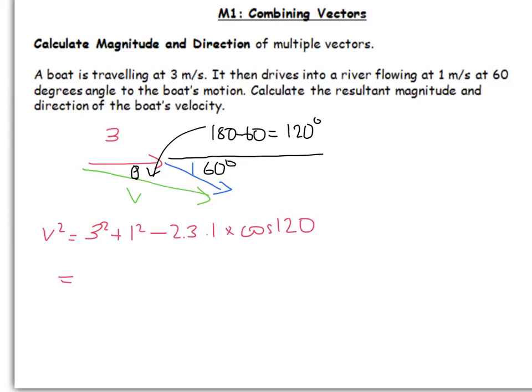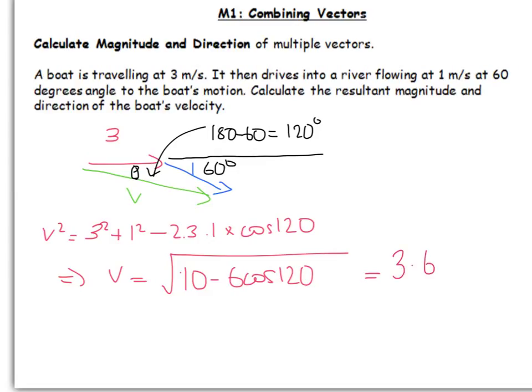Which means you can calculate V by square rooting that whole expression. So 3 squared plus 1 squared gives you 9 plus 1, which gives you 10, minus 6 cosine of 120, which gives you 3.61 meters per second, to 3 significant figures.